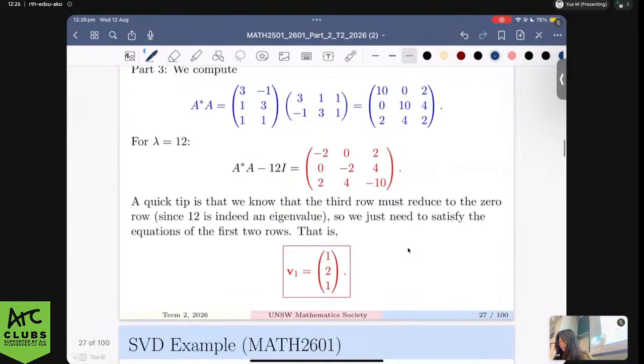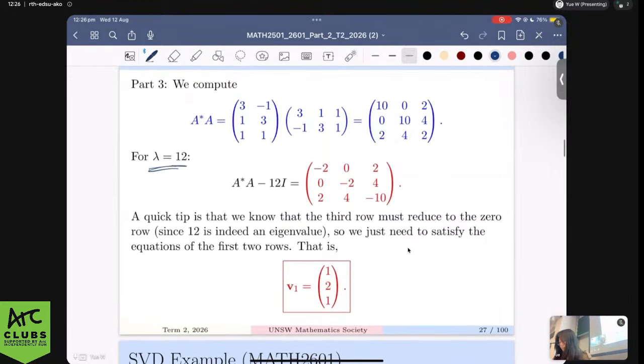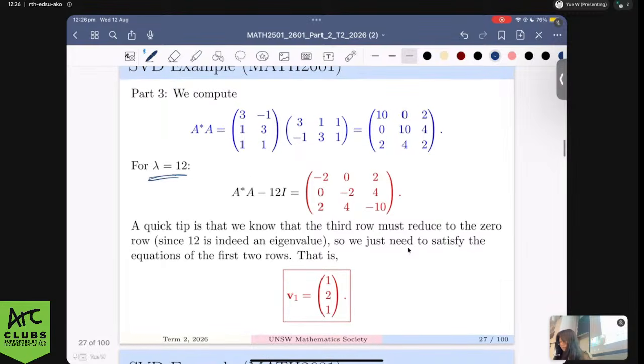Then for lambda equal to 12, you put it in this form to find the corresponding matrix. A quick tip is that the third row must reduce to the 0 row, since 12 is indeed an eigenvalue. So we just need to satisfy the equations of the first 2 rows.